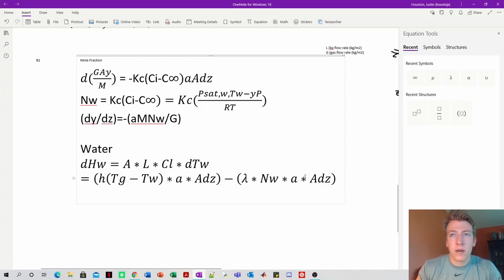And it should also be noted for units that the specific area is going to be in meters squared per meters cubed.